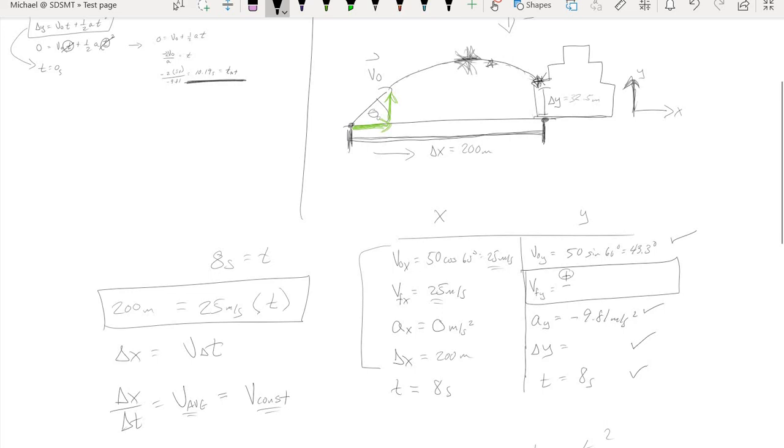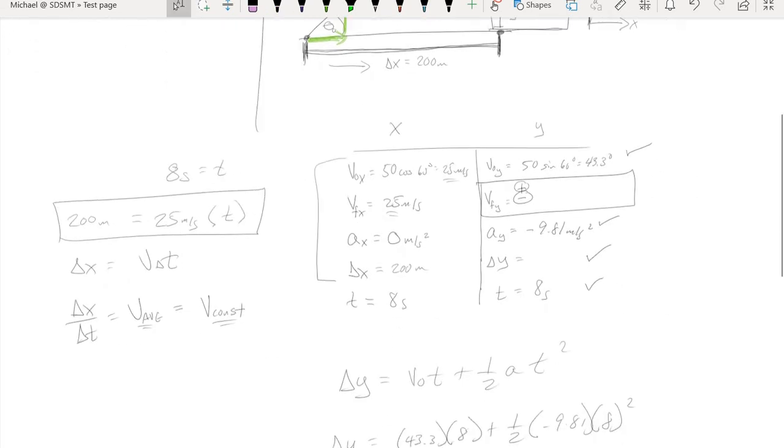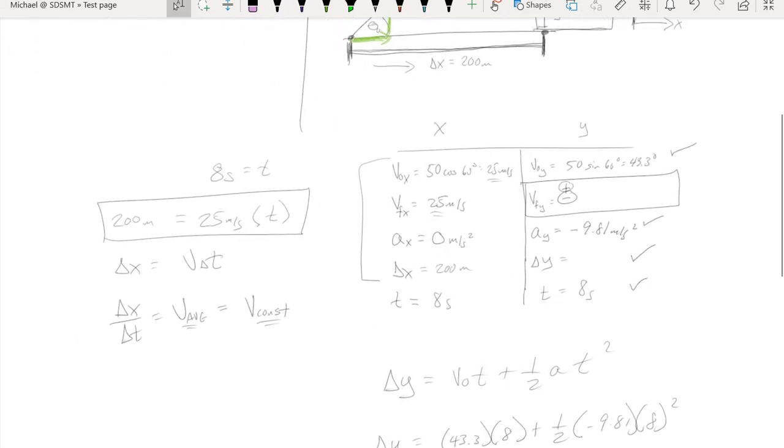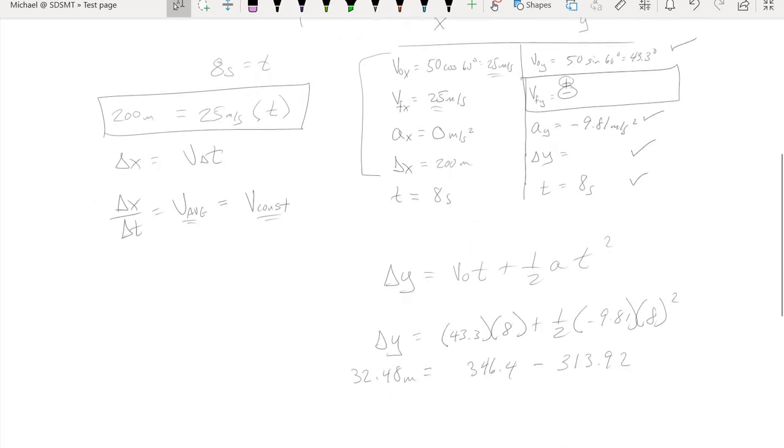If we're still traveling up, we haven't reached the maximum height yet. But if we solve for this and we get a negative, then it means that we're on the way back down, and we've already passed the maximum height. So this would be a very quick calculation, and we can then confirm whether we've passed that maximum height or not.